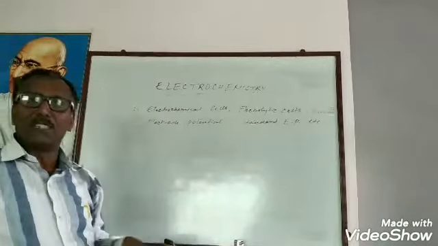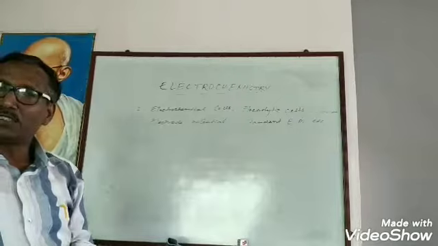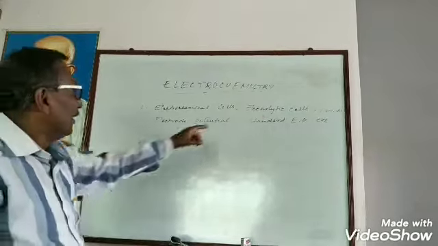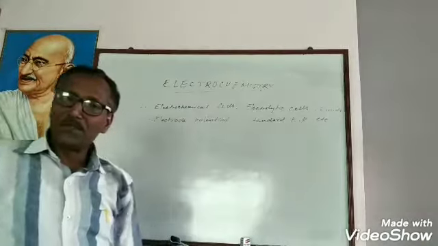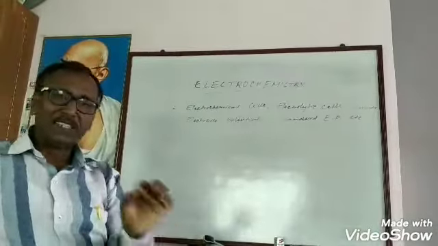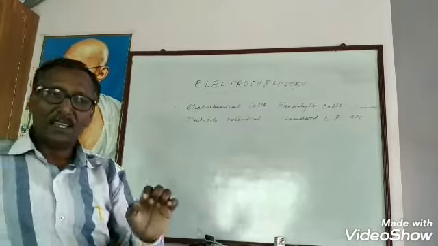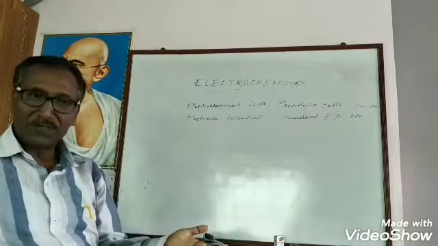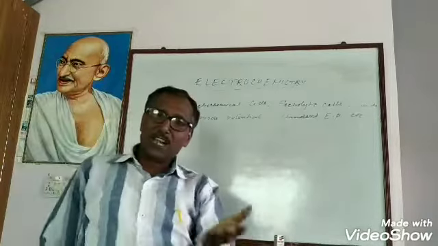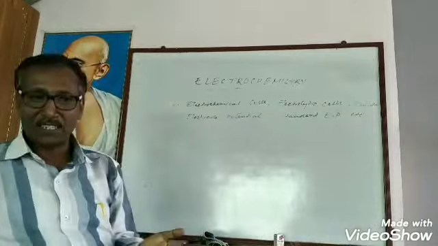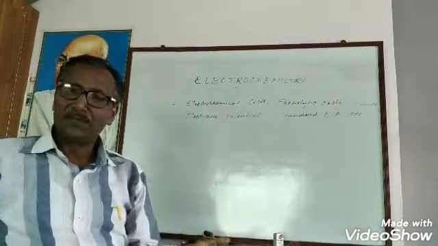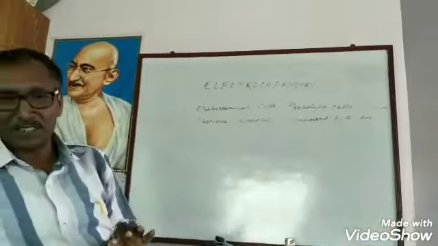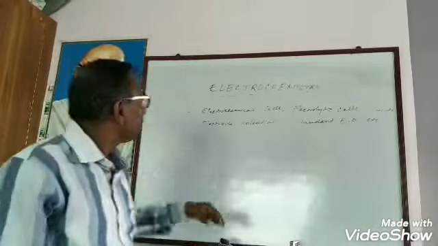Electrodes are the conducting materials at which ions get discharged. There are two types. One is anode and the other is cathode. Anode, you know, is the electrode at which oxidation takes place, and the cathode is an electrode at which reduction takes place. You might be knowing.